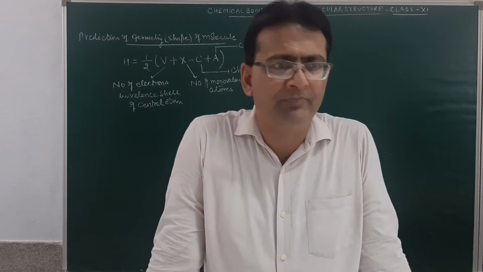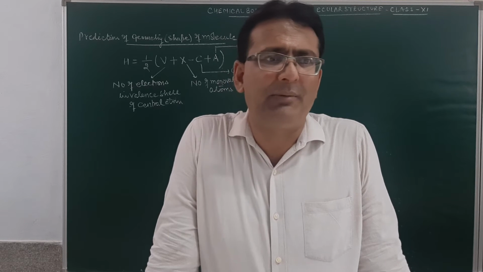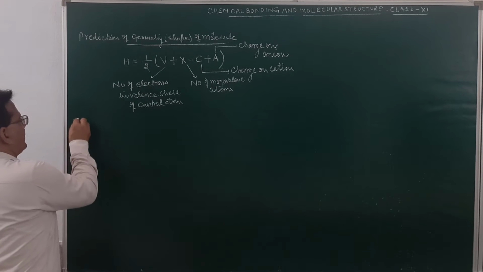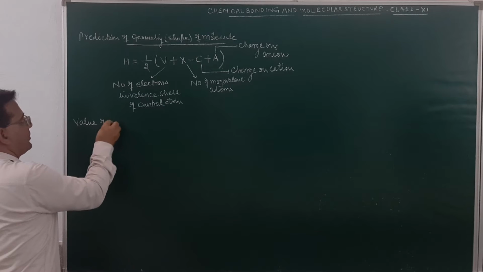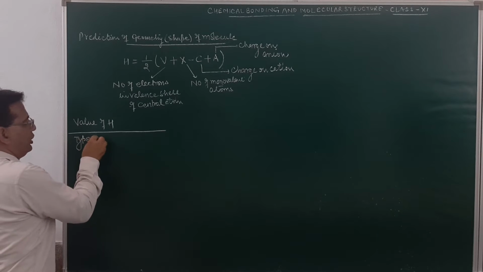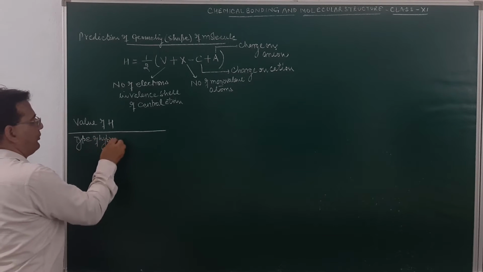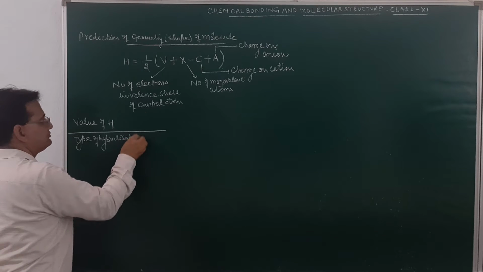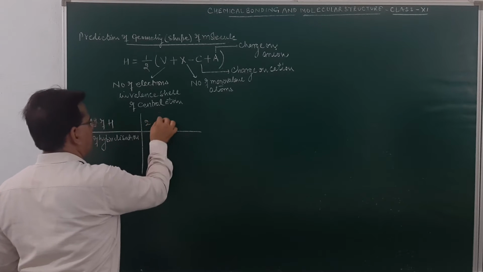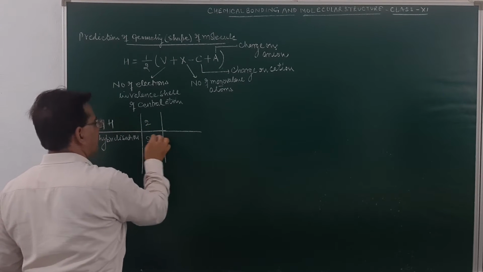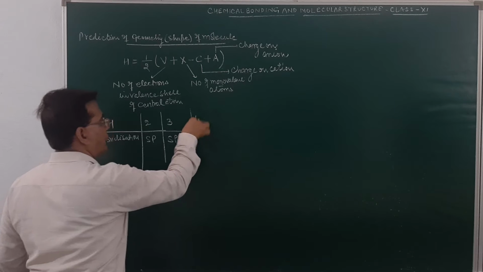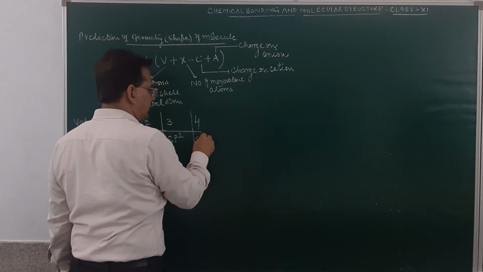Students, I have already told you, if the value of H comes to be 2, the type of hybridization will be sp. Just check out the value of H and the type of hybridization in the molecule. If the value of H is 2, the hybridization will be sp. If it is 3, sp2. If it is 4, sp3.